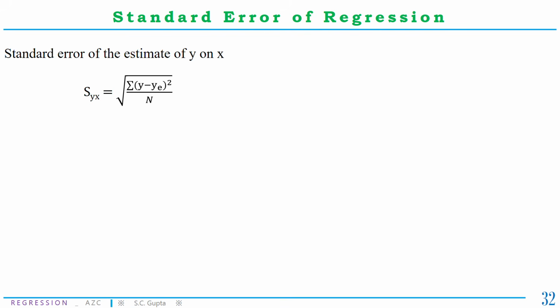Now, calculate the standard error of the estimate of y on x. The value found is 0.0126.